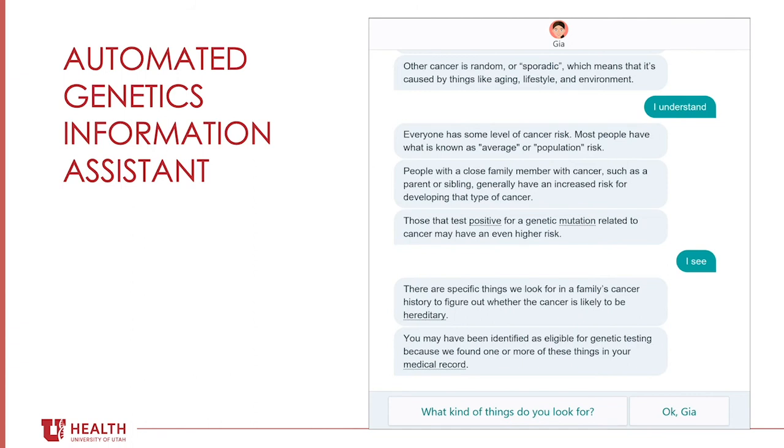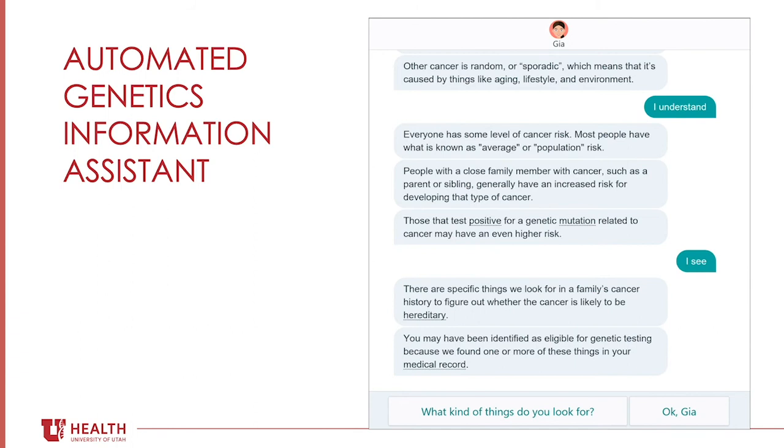When we put together the script, we decided on a core set of information that we felt like everyone should receive in pre-test, and so the minimum possible information was pre-decided. But there are also options where if people want additional information about specific topics, they can seek that out. So you can see at the bottom of this screen, the participant can say, "Okay, GIA," and they move on to the next topic.